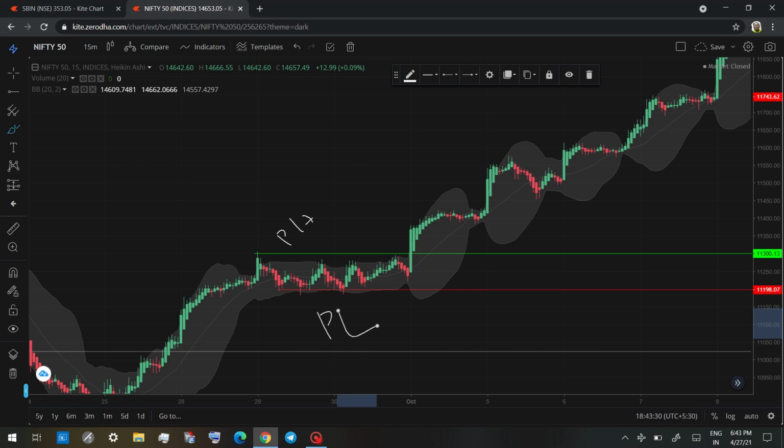In this case, the skew happens. The width of the upper band and the lower band is less.